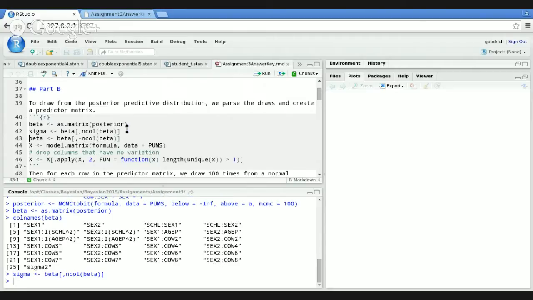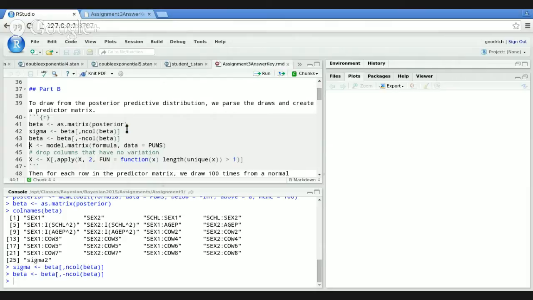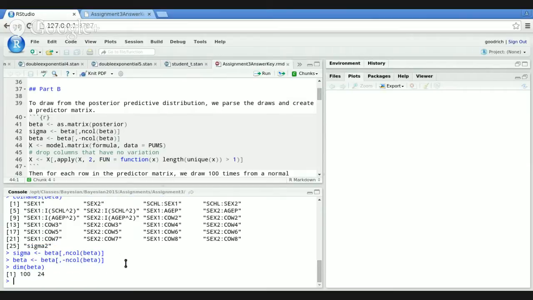It should be called sigma squared really, because that's what it comes out as from MCMCpack. Then the remaining columns are my draws from the posterior distribution of the coefficients. So I have 100 draws from each of the 24 coefficients that I'm interested in.